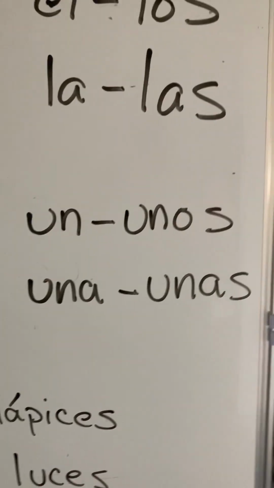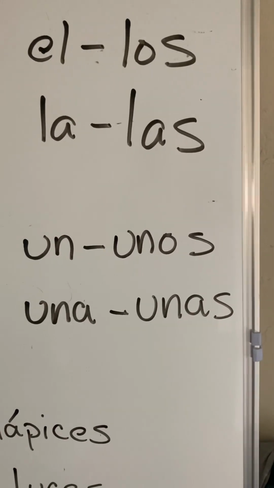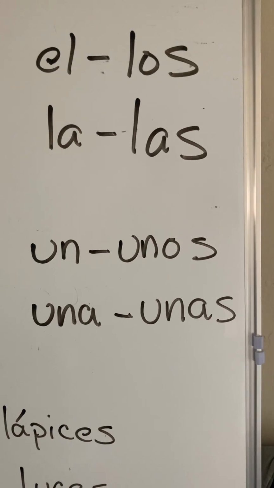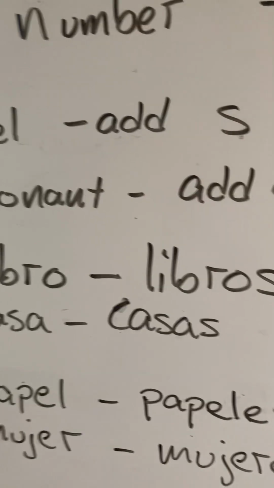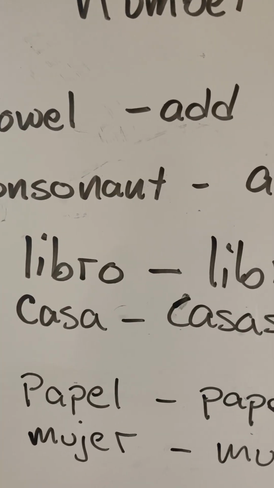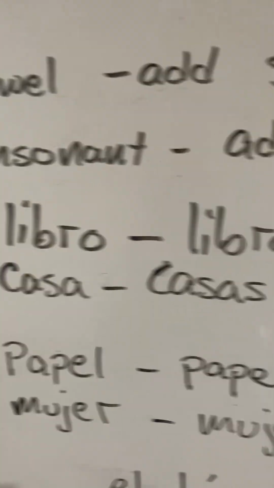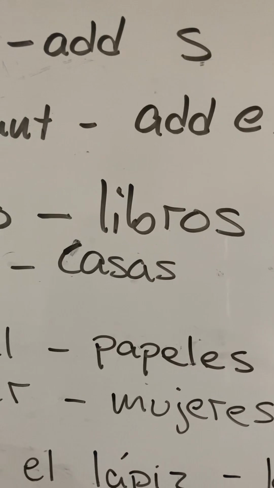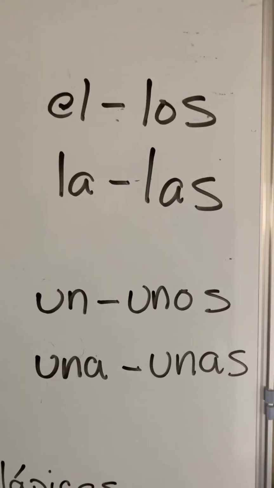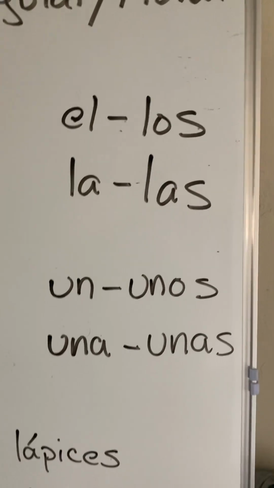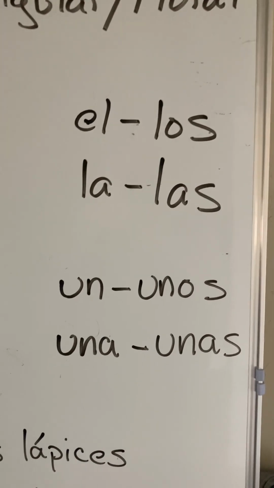But in Español, un becomes unos and una becomes unas. So unos libros, unas casas. So you also have to make the article plural, just as an FYI.